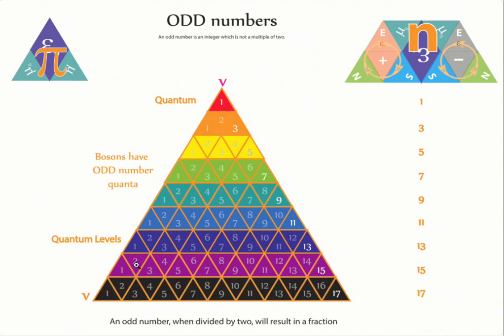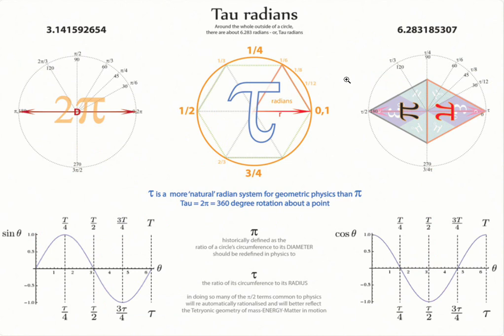Again, if you try to divide an odd number, boson fields, by a longitudinal measurement, i.e. photons, you will get a fraction, i.e. a half, showing that the transverse is different to the longitudinal measurements of mass energy.